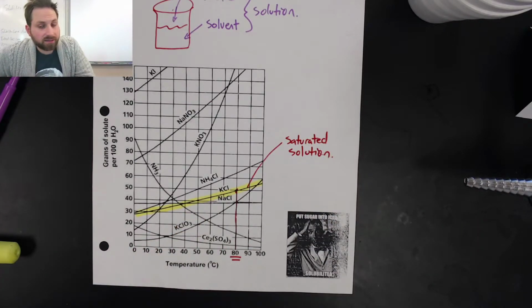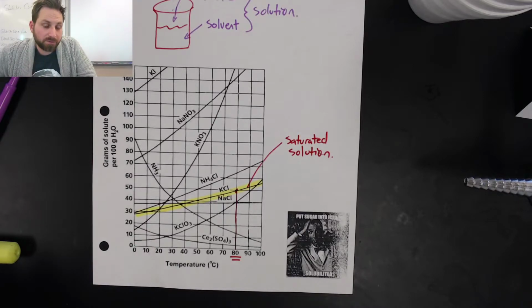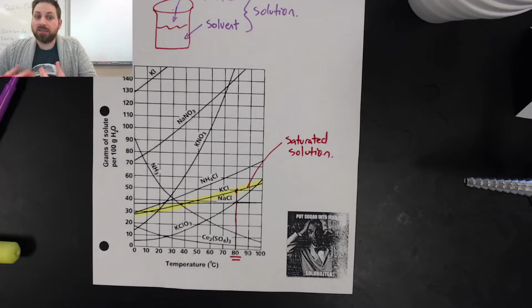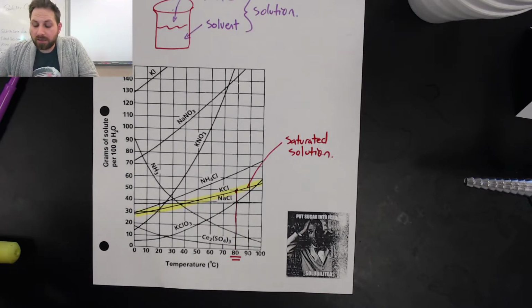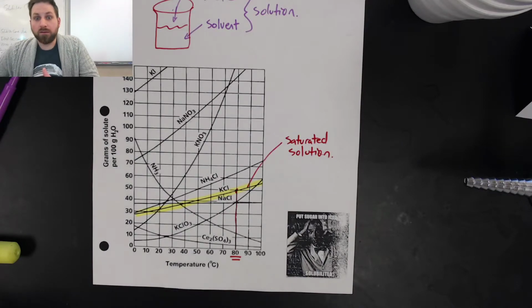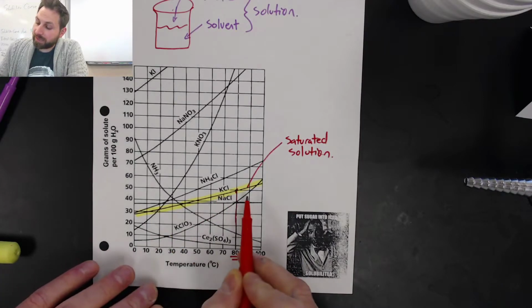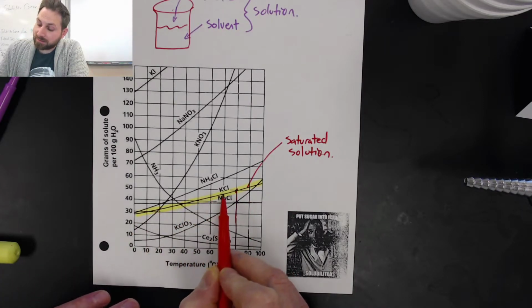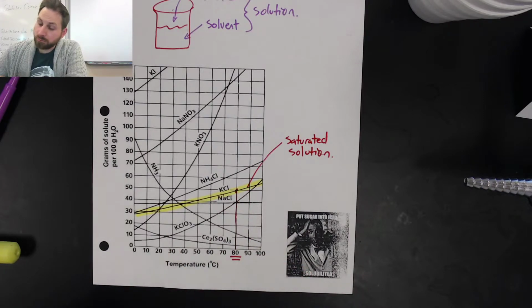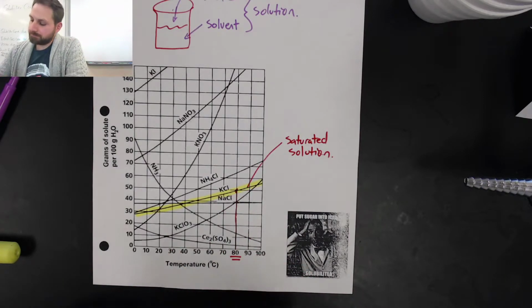Just like I couldn't keep putting styrofoam cups into that non-polar solvent, they wouldn't just keep dissolving. You can't just keep putting Kool-Aid into water and make a really Kool-Aid-y solution. Eventually things will stop dissolving. So that's what this line represents, when you can't dissolve any more solute into your solvent.